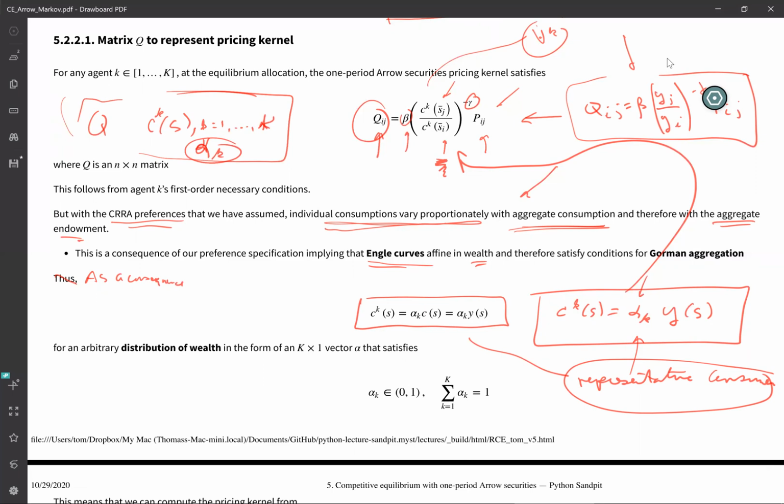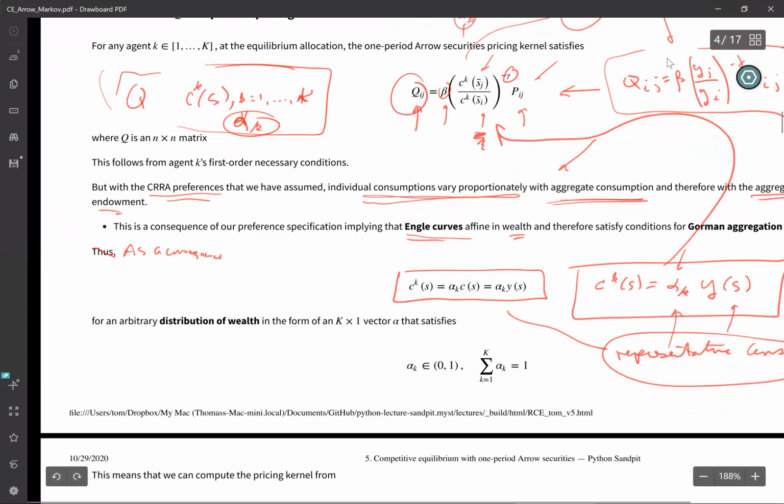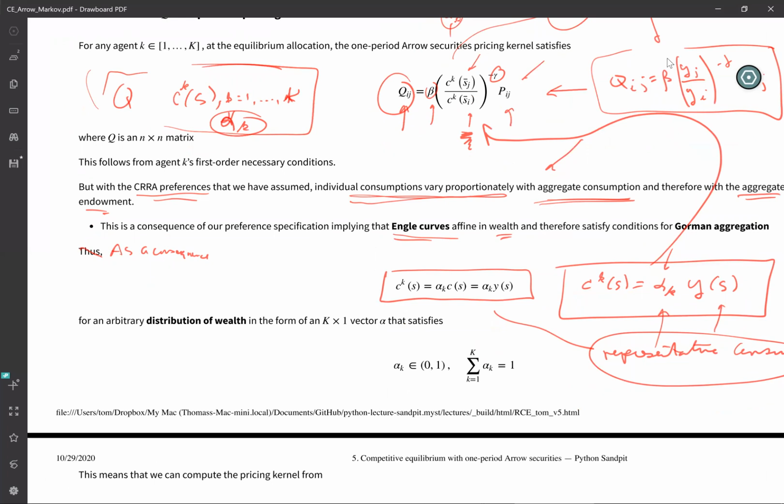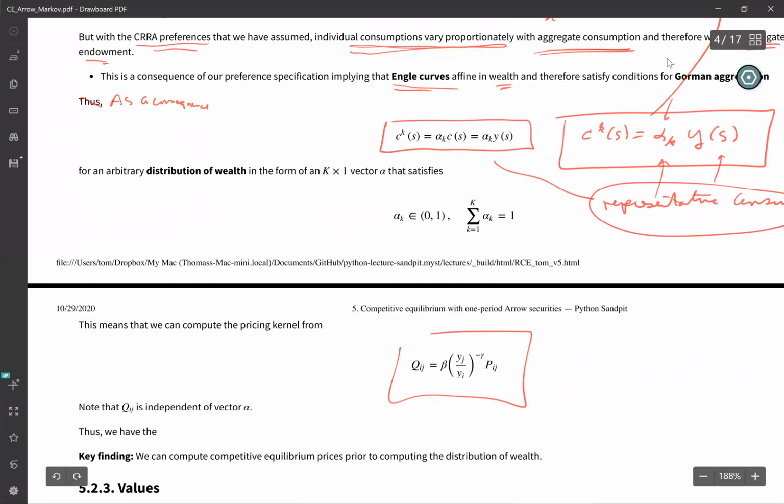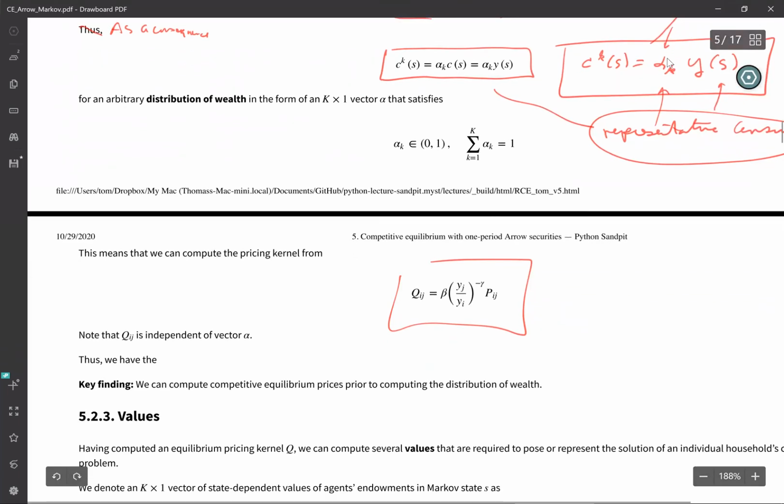If there's a representative consumer who consumes the entire endowment, and we don't worry about the alpha k's, the key thing is the alpha k's dropped out here. They divided out. So when we compute the Arrow-Debreu pricing kernel, the way we've rigged it is we can just forget about distribution. We have to worry about it later. Okay. So to proceed, here's our formula. That's what we're going to do.